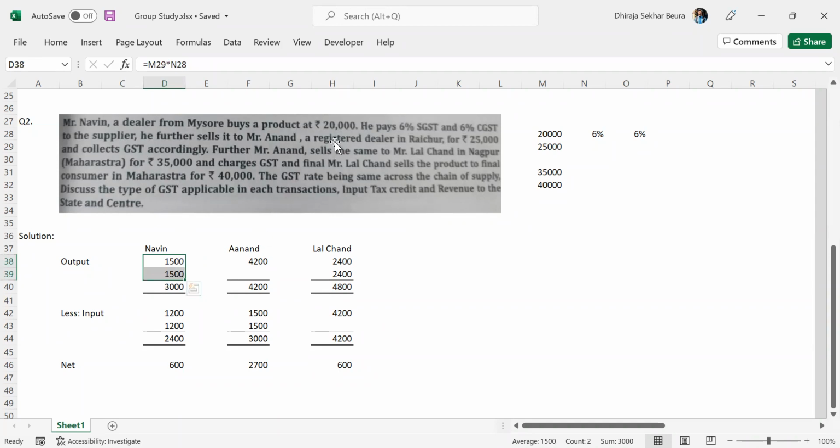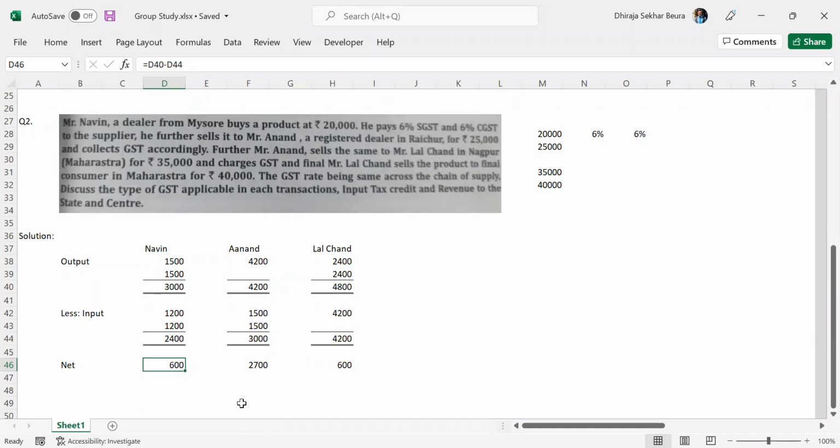His input tax will be calculated on 20,000, because his buying price is 20,000. 20,000 into 6% comes to 1,200 and 1,200, that is 2,400. When you deduct 2,400 from 3,000, the net GST payable is 600. That 600 is 300 SGST, 300 CGST.